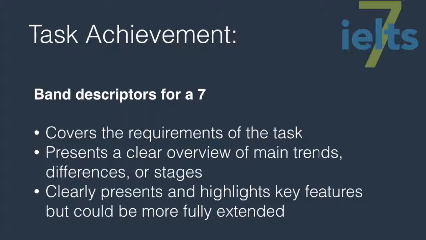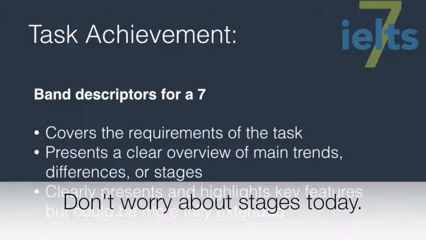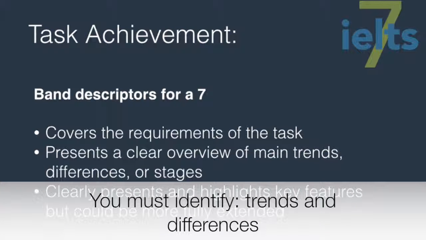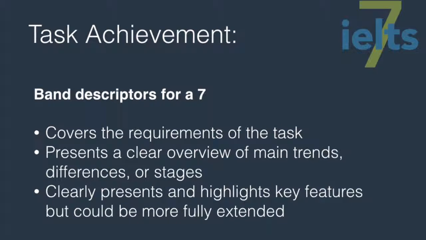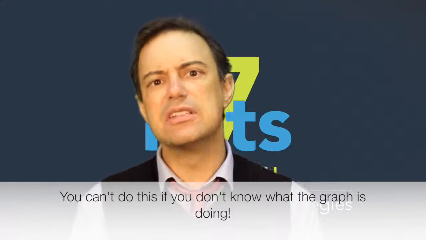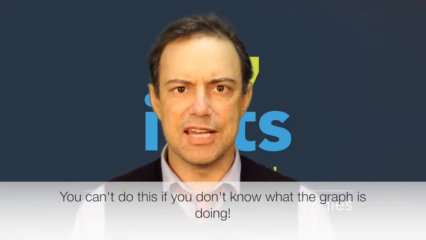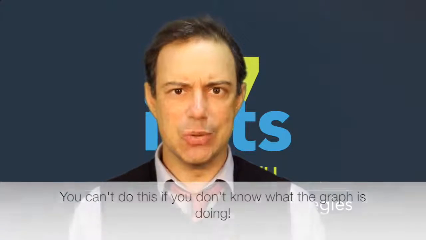We're not going to talk about stages today because that's really about processes, but main trends and differences are key. The other thing is that you clearly highlight and demonstrate what the key features of the graph are. We'll look at that a little bit, but not very much today. But you can't do any of this if you don't fully understand what the graph is actually doing.